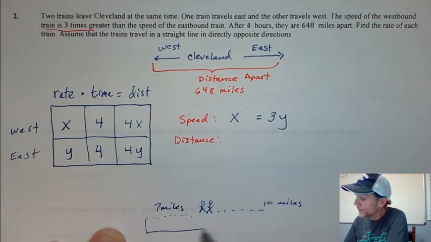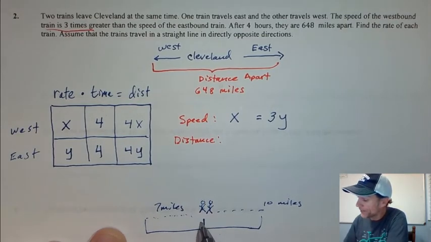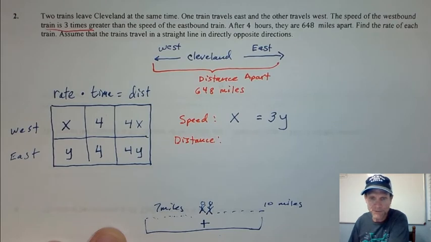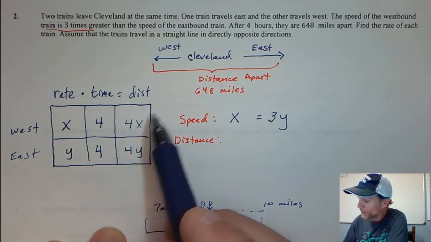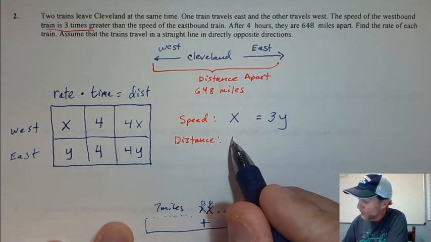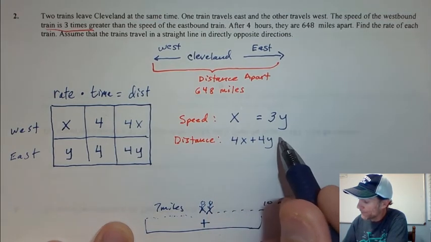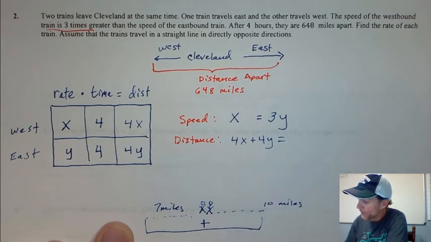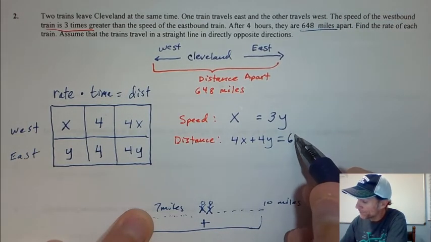Well, they're 17 miles apart because we would add those two distances together because they're walking in opposite directions. So same idea in this train problem. We know that one train's going west and one train's going east. So I'm going to add those two distances together to get the distance apart. And it tells us in the problem they're 648 miles apart.